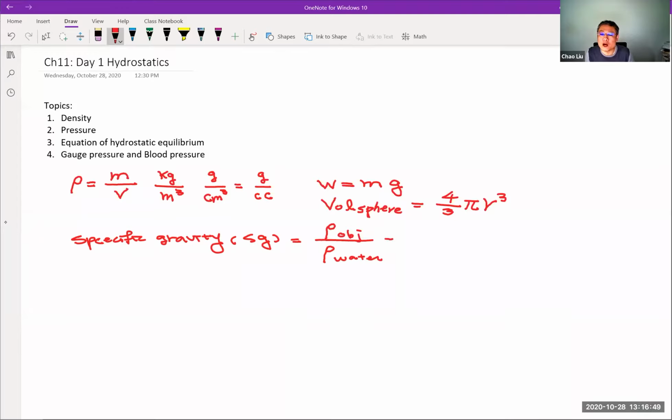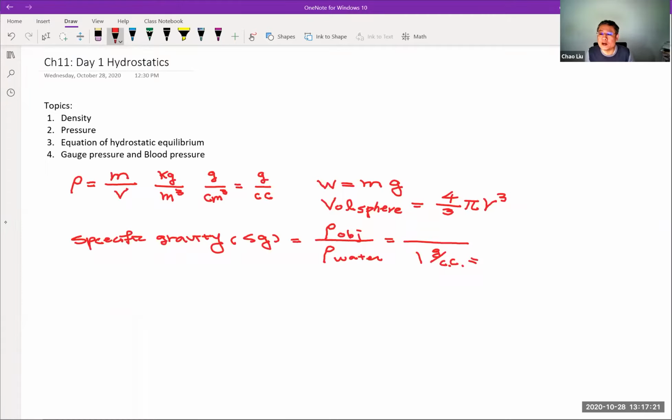Why do we use water density? Well, because we use a lot of things with water as the reference. One thing is the temperature and the other one is the density. The nice thing about the water density is, by our definition, the density of water is equal to 1 gram per cc, or centimeter cubed. So 1 gram per cc is the density of the water.